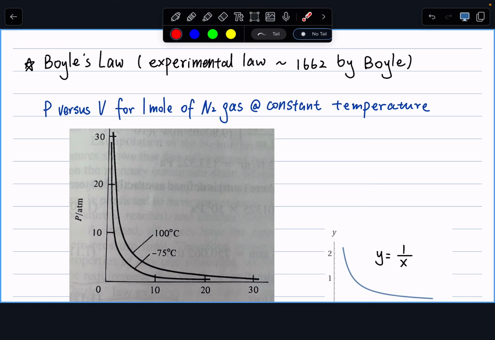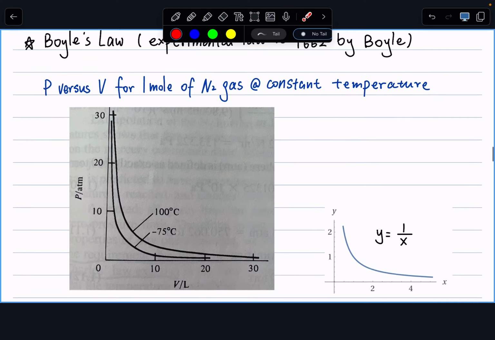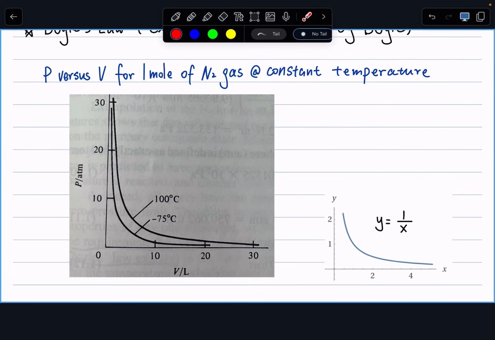Both Boyle's law and Charles' law are more or less experimental laws. These are physical chemists doing experiments, getting the curve, and then deriving equations to describe what is observed in the curve.